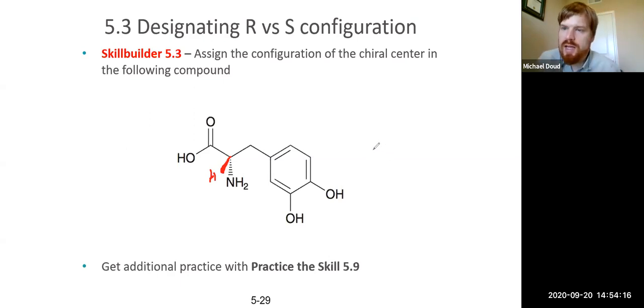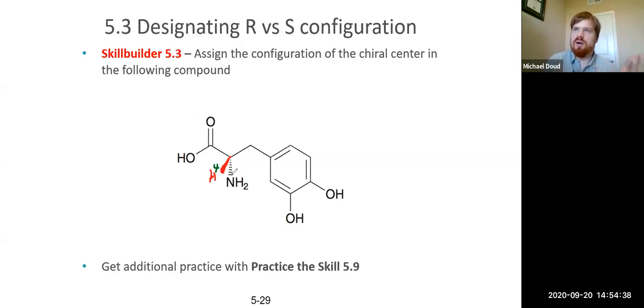So let's go ahead and assign a priority. We've got the first layer first, right? We've got hydrogen here. That's definitely going to be number 4. Then it's nitrogen, carbon, and carbon. The biggest atom is going to win in terms of the atomic number.